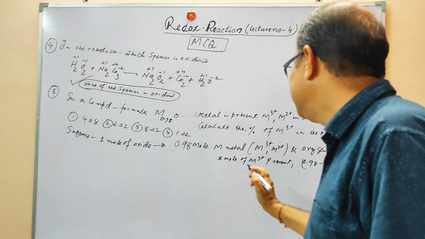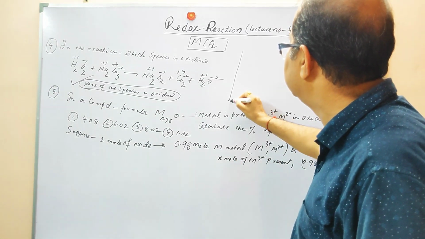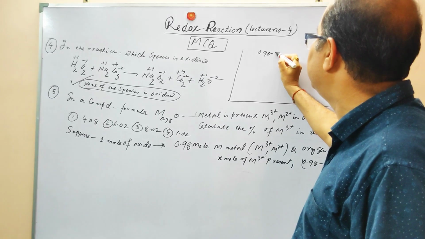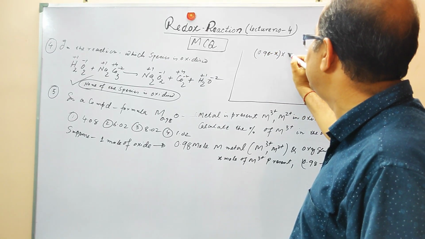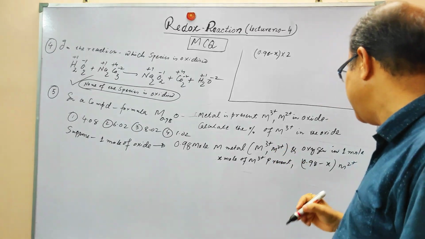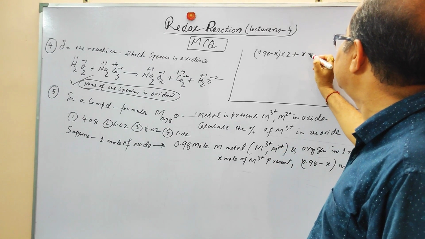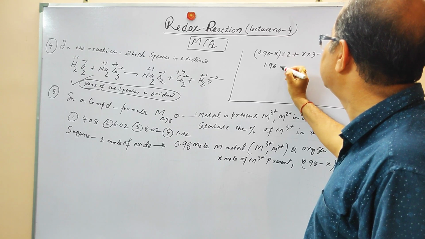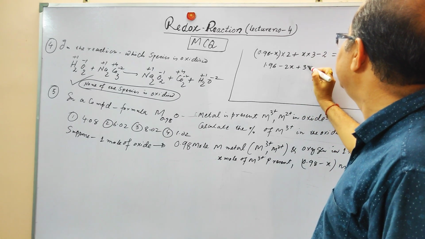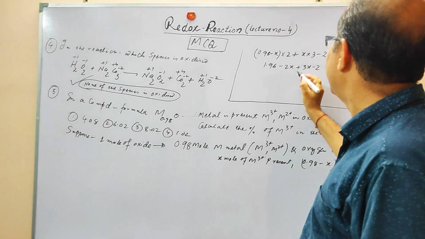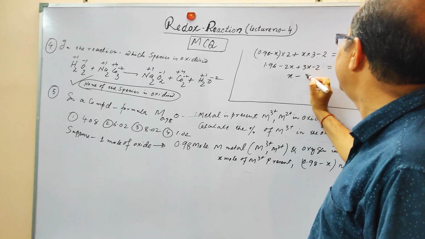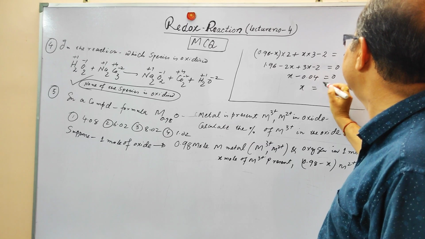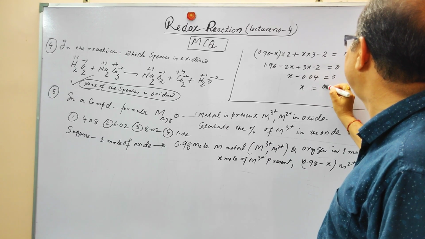So when we balance the charge, the equation will be (0.98 minus X) into 2, plus X into 3, minus 2 for oxygen, equals 0. That is 1.96 minus 2X plus 3X minus 2 equals 0, so X minus 0.04 equals 0, and X comes around 0.04.